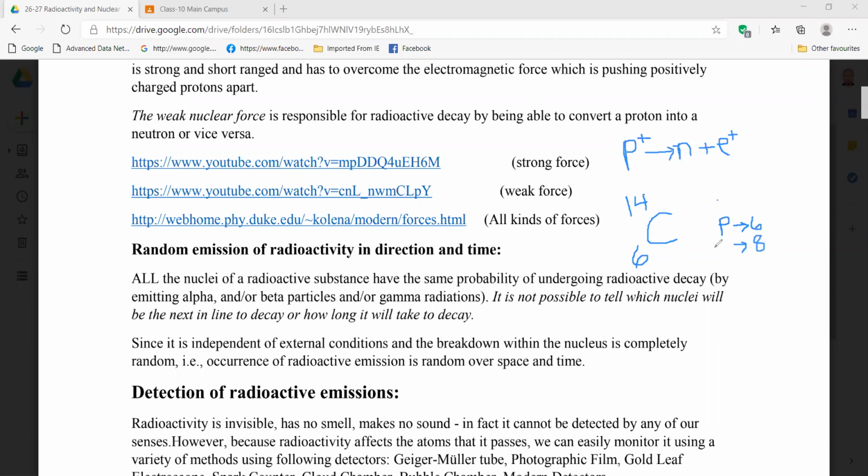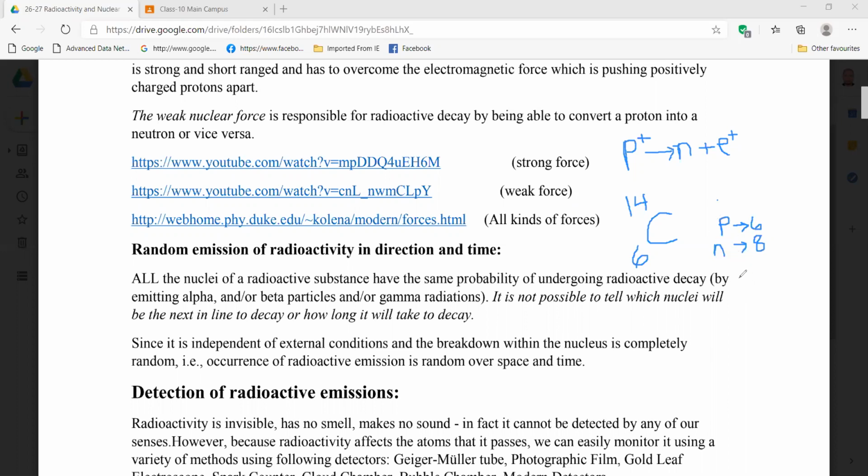Do you understand? Yes, sir. That's why this nucleus is radioactive, because the number of protons and neutrons are not equal. We are getting here the weak nuclear force, which is making this nucleus unstable, and the nucleus is balancing the number of protons and neutrons.